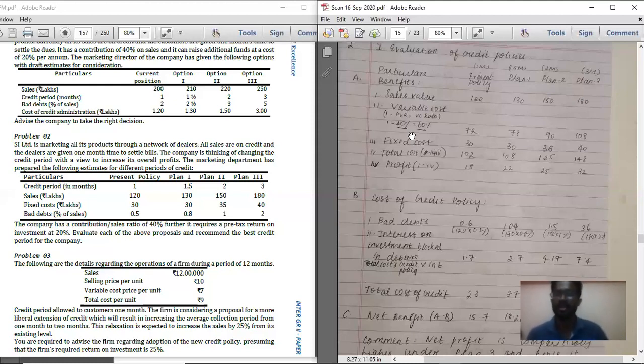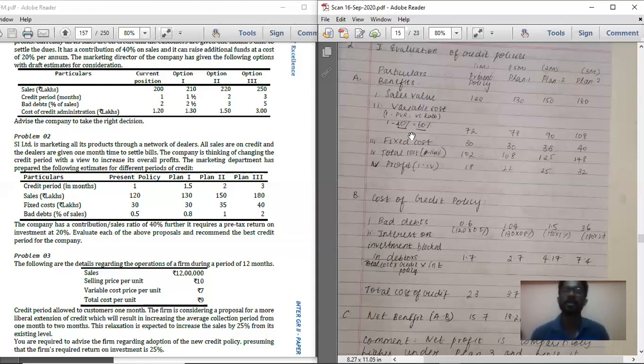Plan 2, 150 into 60%, that is 90 lakhs. And plan 3, 180 into 60%, that is 108 lakhs. So the different variable costs under different policies are 72, 78, 90, and 108. This is variable cost.